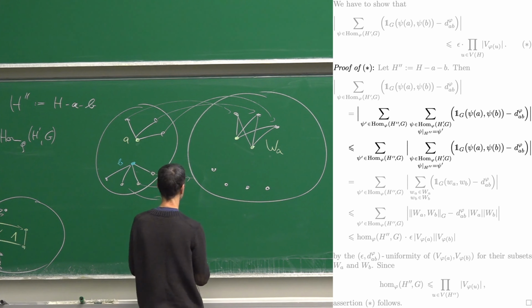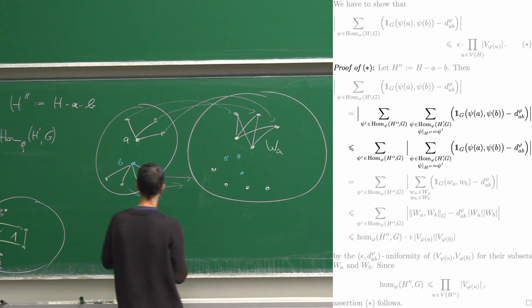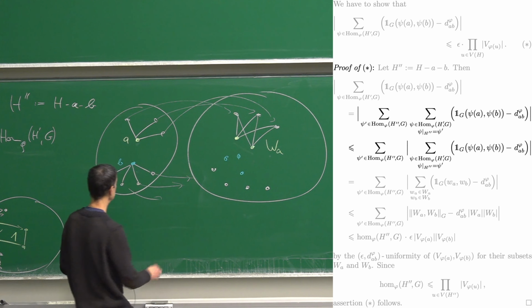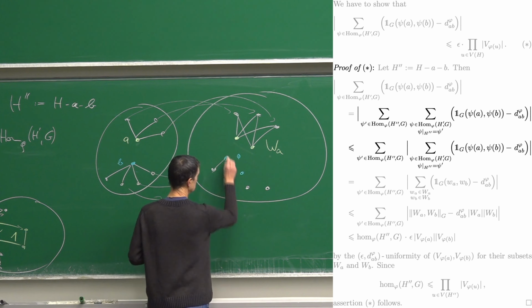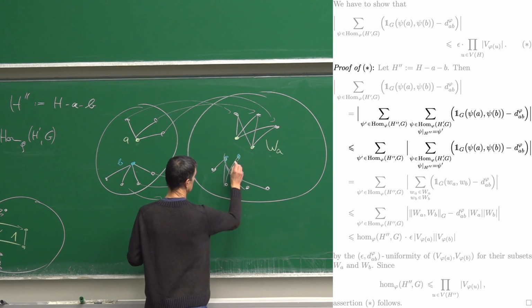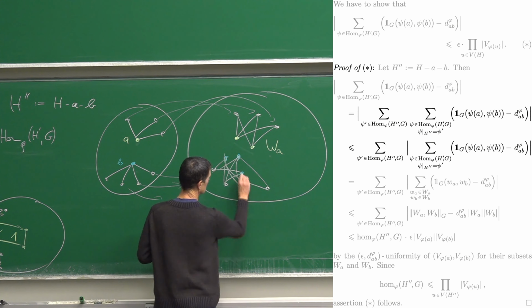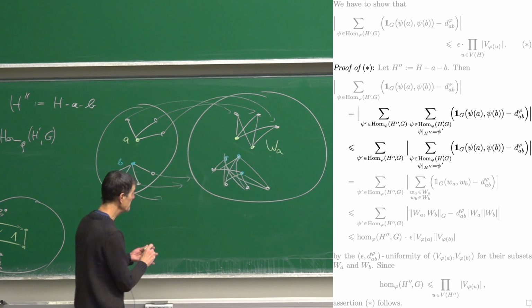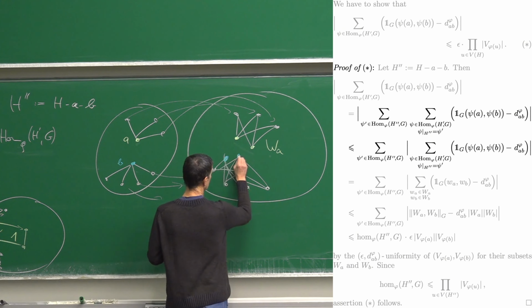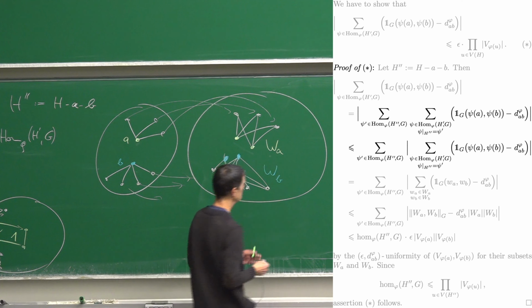And similarly, B has to map to vertices that have the right neighbors. But there may be several, and let's call the set of all those WB.